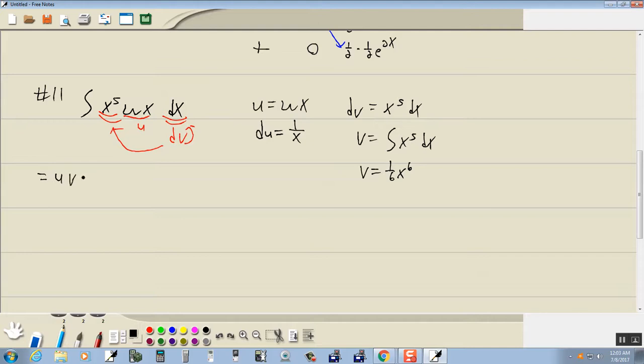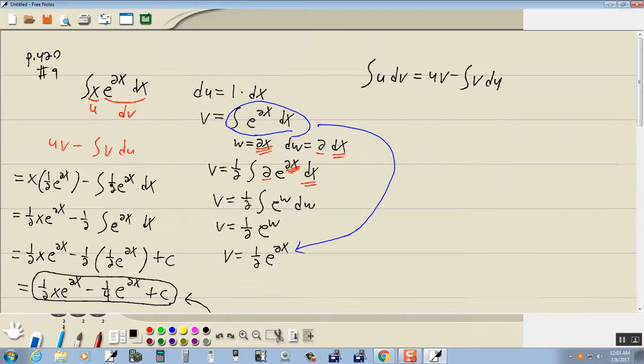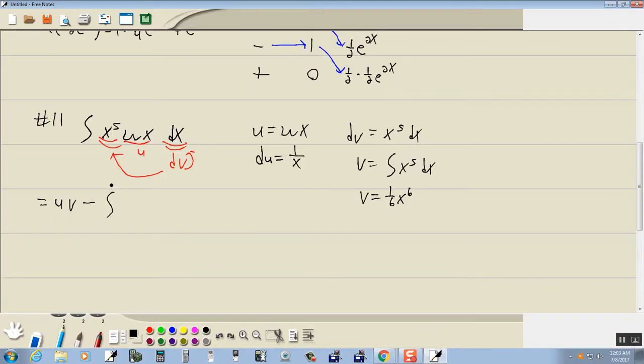And let's see, what do we got? uv minus the integral of, what is the formula? Integral of v du. Okay, uv. u was natural log of x times v.